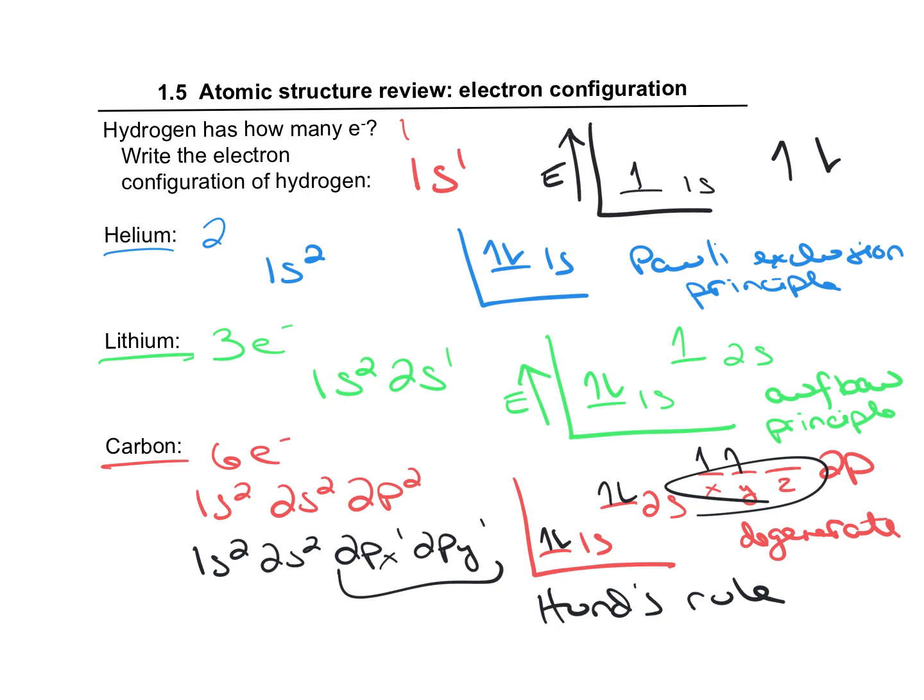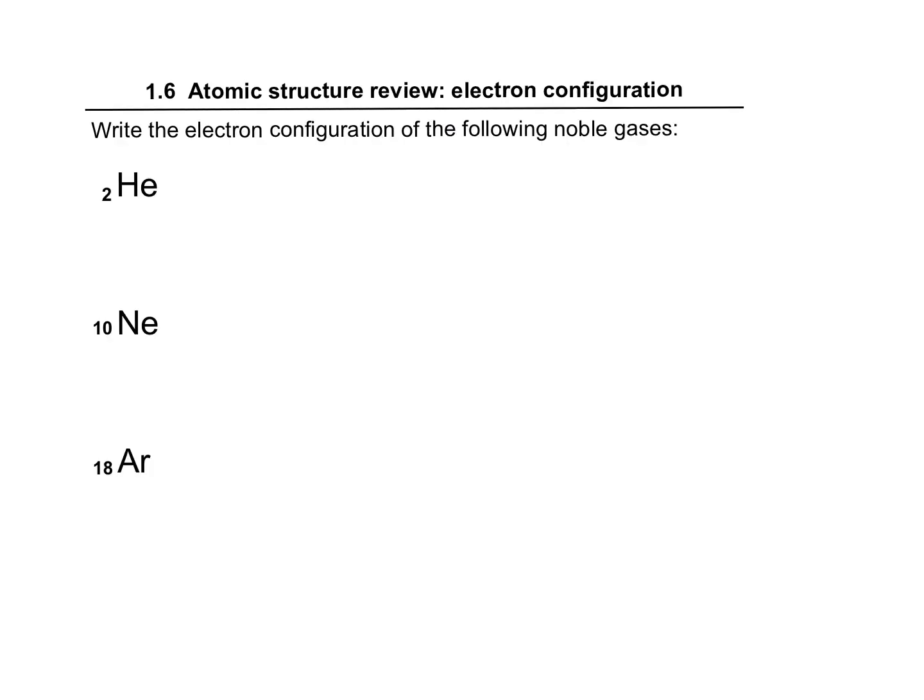Hopefully this is all familiar to you and you remember doing electron configurations in general chemistry. Let's look at a few more examples of electron configuration. So we already saw helium, which has two electrons. I'm only focusing on the atomic number. I'm not including the atomic mass because we only care about the electron configuration, not which particular isotope we're talking about.